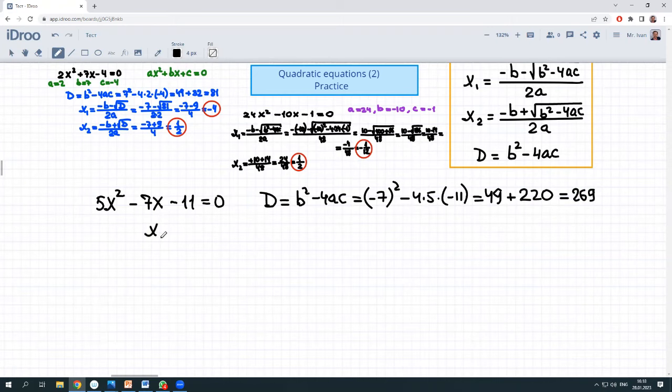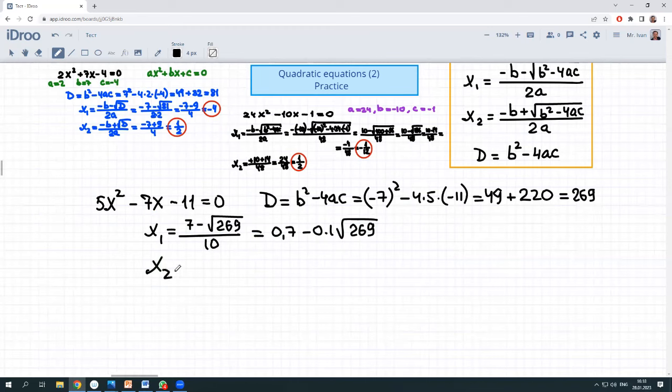And in this case, x1 would be -(-7) minus root of 269 divided by 2 times 5, by 10. We could actually simplify it in this way, using decimals: 0.7 minus 0.1 square root of 269. We could even keep it like this. It's the answer.